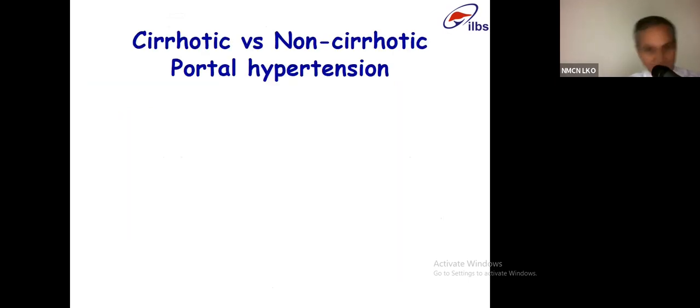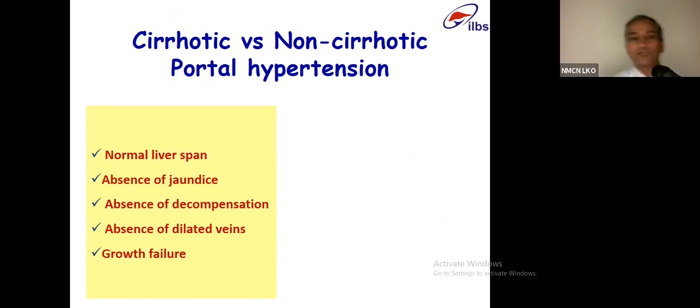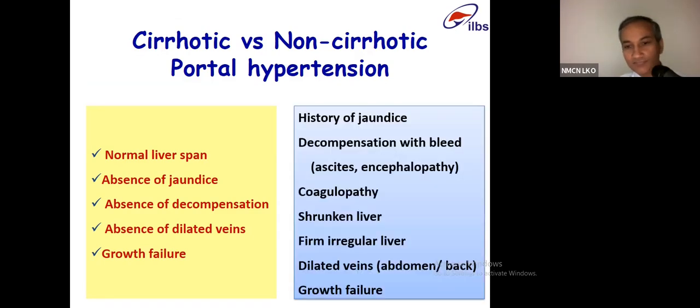As we all know from the basic concept, to differentiate cirrhotic and non-cirrhotic portal hypertension: in cirrhosis, there will be a history of jaundice, decompensation, coagulopathy, a shrunken or irregular liver, and growth failure, whereas in non-cirrhotic portal hypertension, everything related to liver span and liver function tests will be normal. But growth failure is a common thing which will be seen in both cirrhotic and non-cirrhotic portal hypertension.